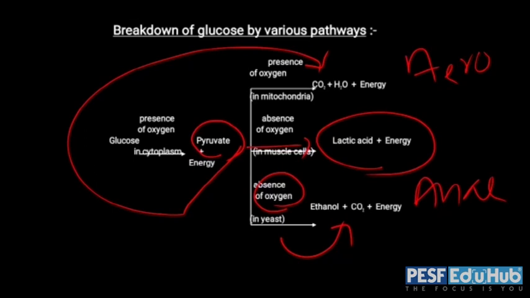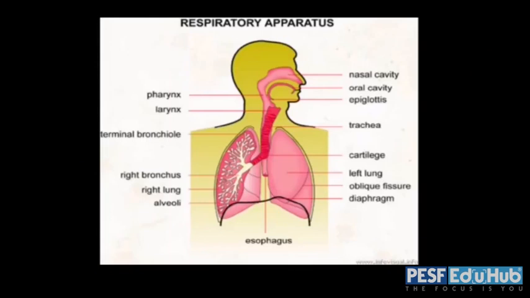Let us move to the human respiratory system. All of you know human beings respire through a specialized organ called the lungs and its associated structures. We breathe through our nose.